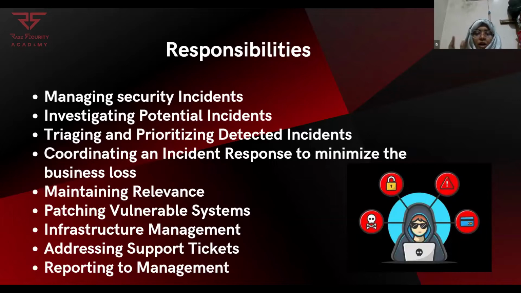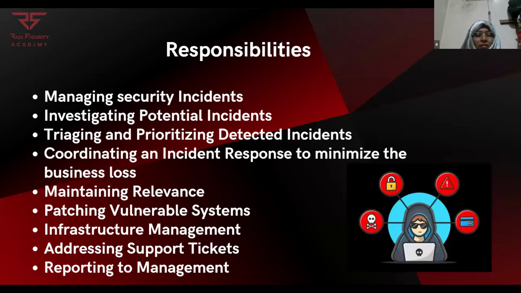We need to have a clear understanding of incident response, endpoint detection, log analysis, malware analysis, all of these aspects. We work every day on these alerts, monitoring and so on. When we respond to a particular incident correctly, that's when the business loss is minimized. That is what it means.